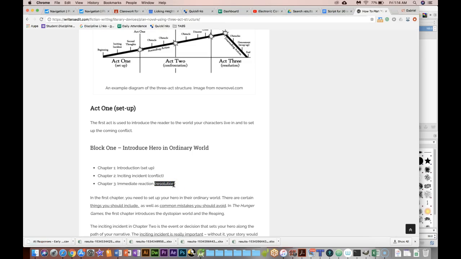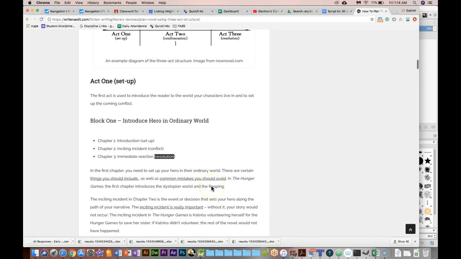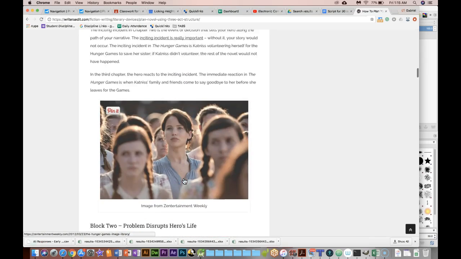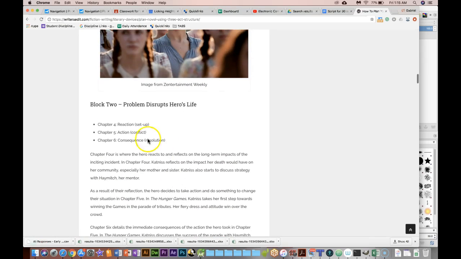So it's almost like a smaller story within the story. Really all we're trying to do is see the hero, the protagonist, in his normal state before any of the other stuff happens. They're using Hunger Games as an example. I would go ahead and continue looking through it.